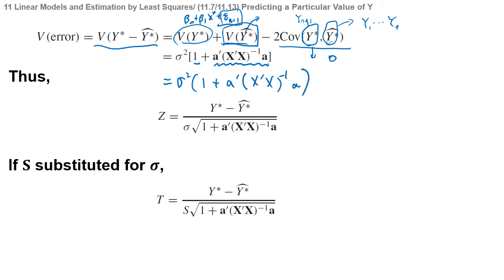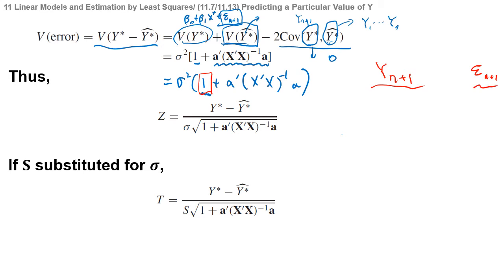And again, you can interpret this additional term intuitively as being for the future event. When we are predicting for the future event, which is yn plus 1, this one contains epsilon n plus 1.